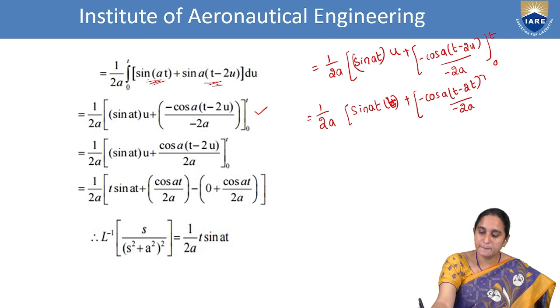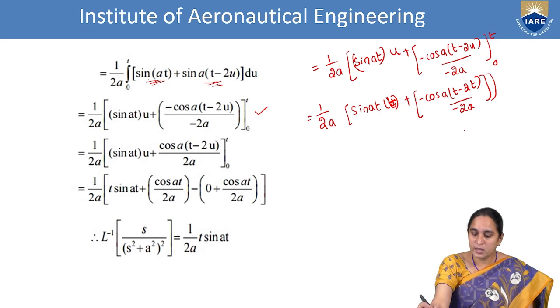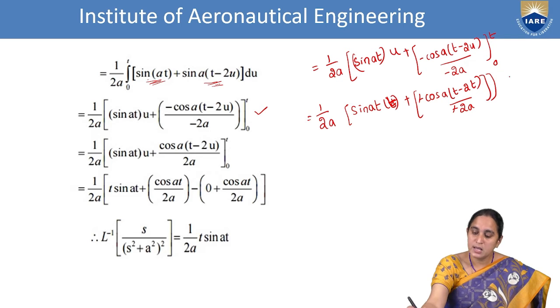minus 2a. If you substitute the upper point, it converts to 1 by 2a into sin at into t plus into minus, I'm not writing here, anyway minus minus cancel, and cos a of t minus 2t by 2a.